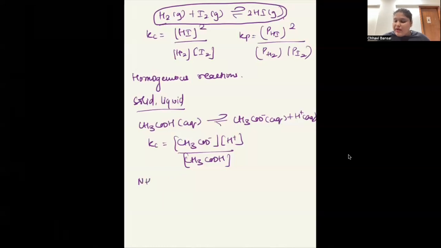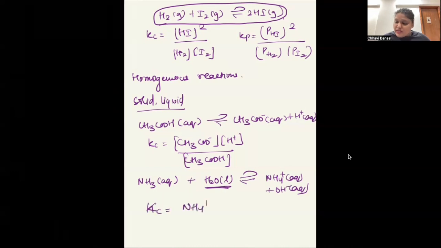Now, next is, for example, NH3 aqueous plus H2O liquid, forming NH4 positive aqueous plus OH negative aqueous. The Kc value will be equal to NH4 positive into OH negative divided by NH3.